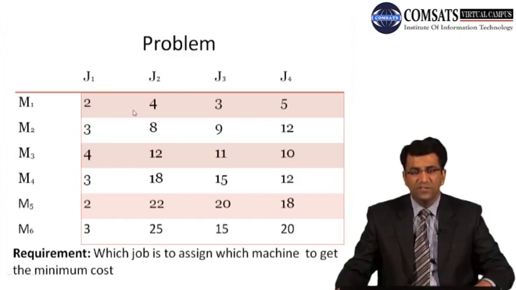But again, what is the difference in this problem? This is an unbalanced assignment problem, because we have 4 jobs, that is J1, J2, J3, J4, but there are 6 machines, so the number of machines is more than the number of jobs. So as a first step, we will introduce 2 dummy jobs as different columns which have 0 cost, and this step is done in order to make this problem a balanced one.